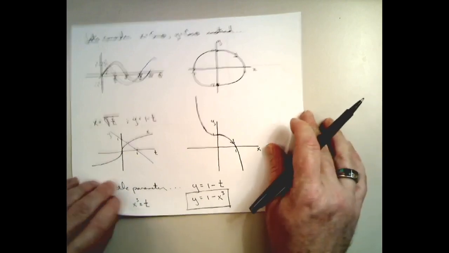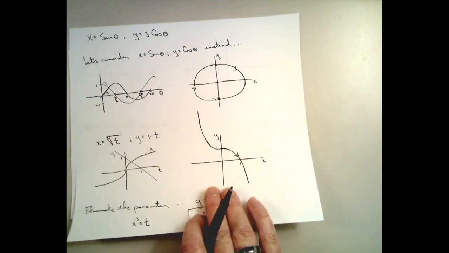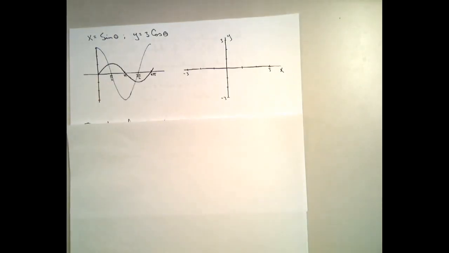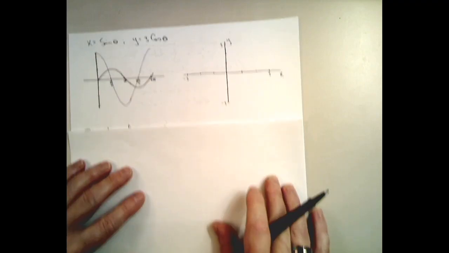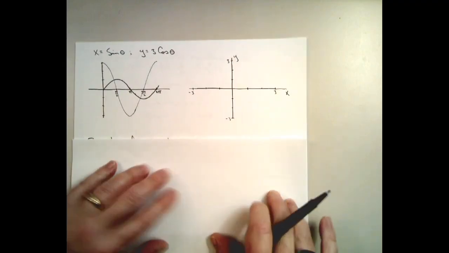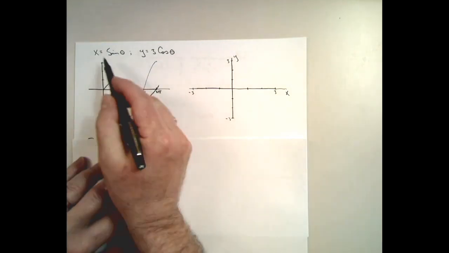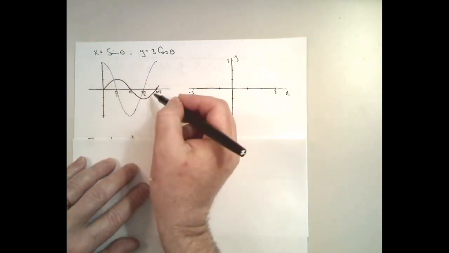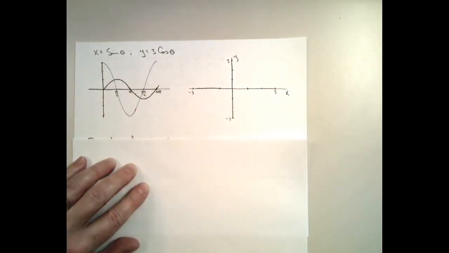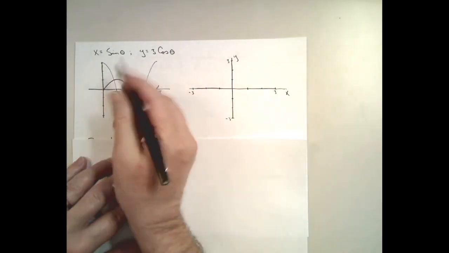Let's look at another example. Let's go back to another trigonometric example using trigonometric functions. This one's just a little bit more complicated than the ones we were looking at before. So this time x is sine theta, y is 3 times cosine theta. So again, pick a starting point.